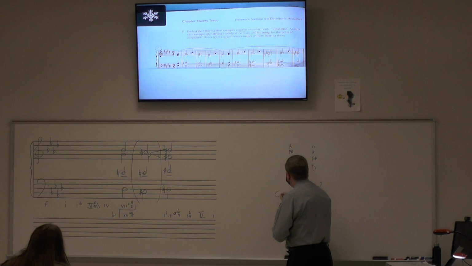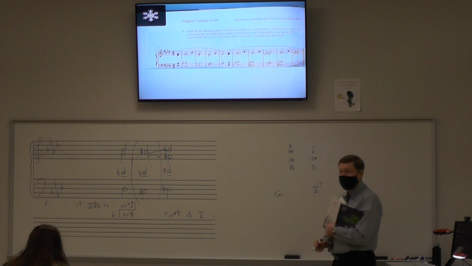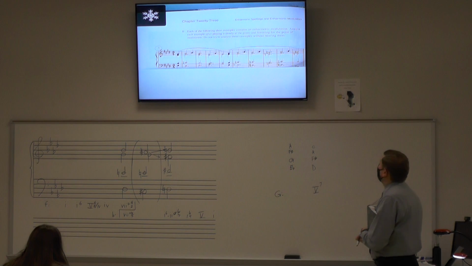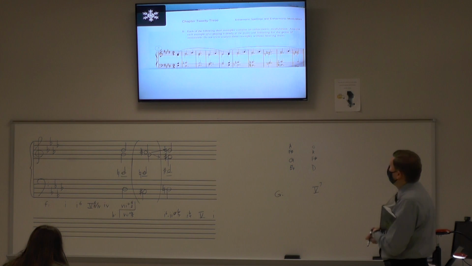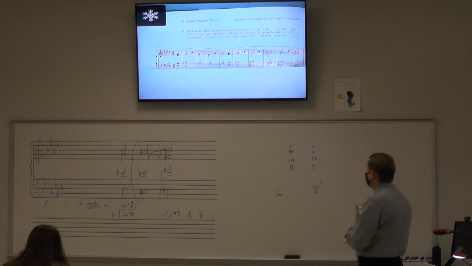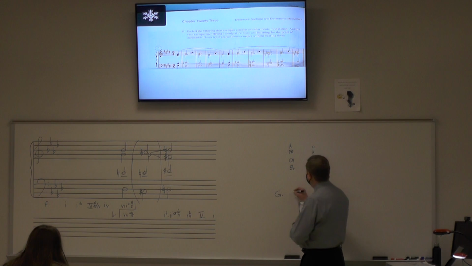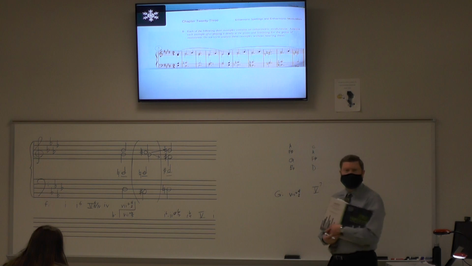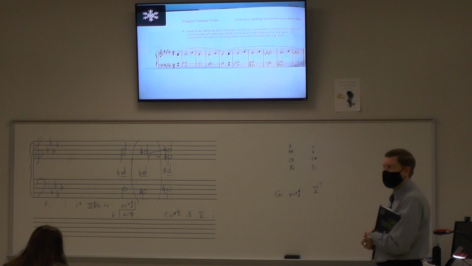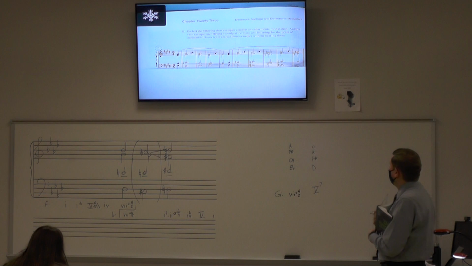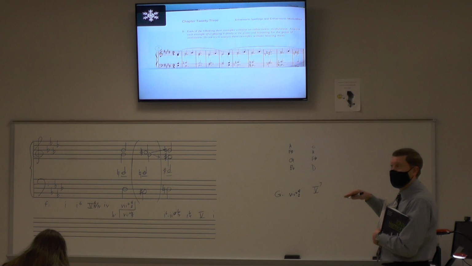Does that look like it's spelled correctly in the new key? Yeah, it kind of does. F sharp being the root. F sharp, A, C, E flat. You see where I'm getting that from? Because E flat's on the bottom.